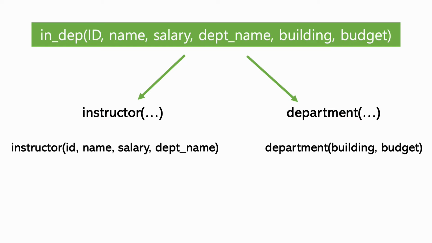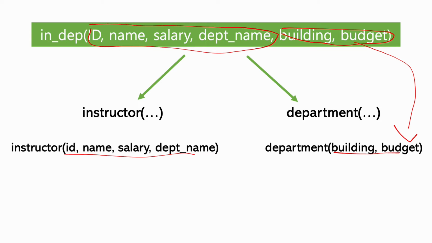For example, if I choose to decompose the schema this way, with building and budget going into department, and ID, name, salary, and department name going into a new instructor schema, I can technically do that, but there is a flaw with this decomposition.